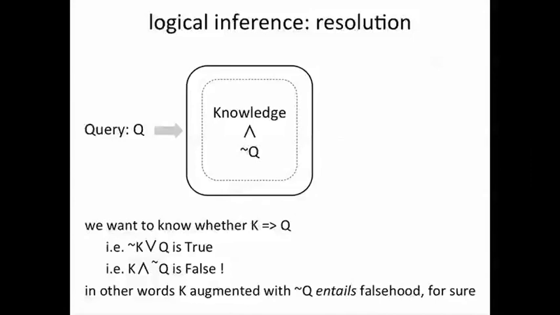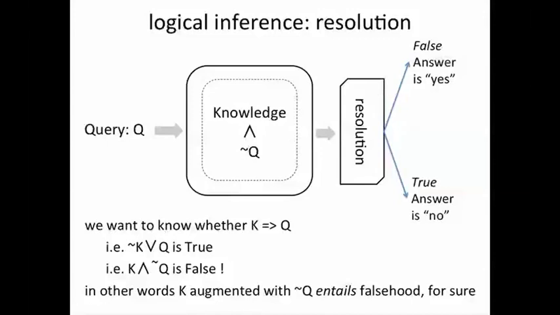So in order to show this, one needs to take this augmented knowledge base and crank it through some logical resolution engine which performs both inference and unification, that is assigning values to variables, and figure out whether or not it answers true or false.